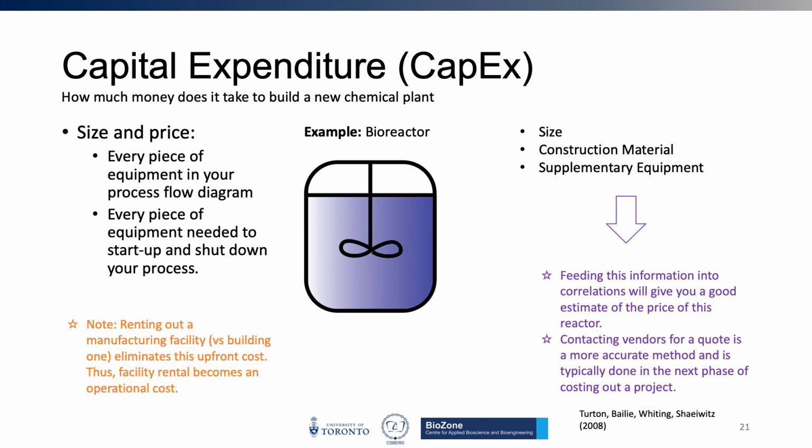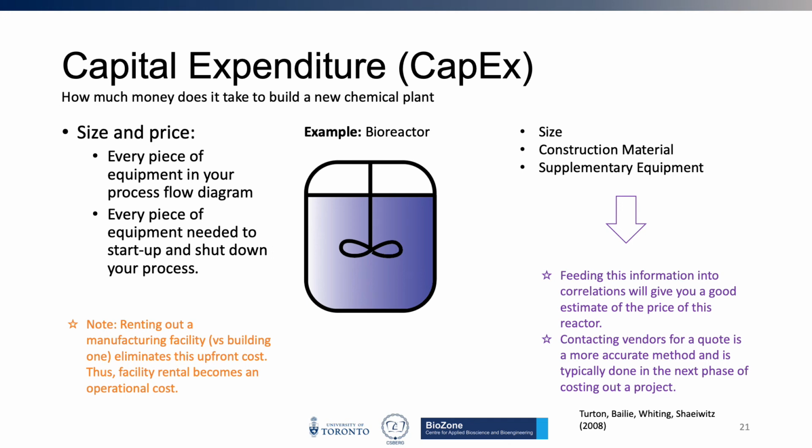One thing that I wanted to note is that renting a manufacturing facility versus building one eliminates this upfront cost. So the facility rental becomes an operational cost, and your CapEx is all but eliminated. You would just need to buy the capital that the facility you're renting doesn't have that you need for your process.